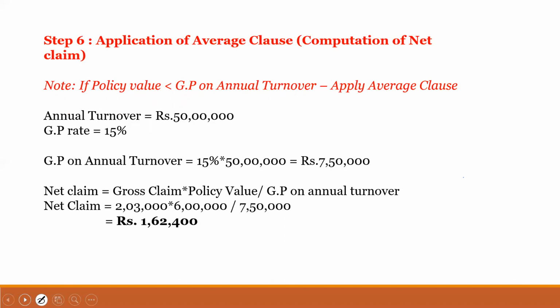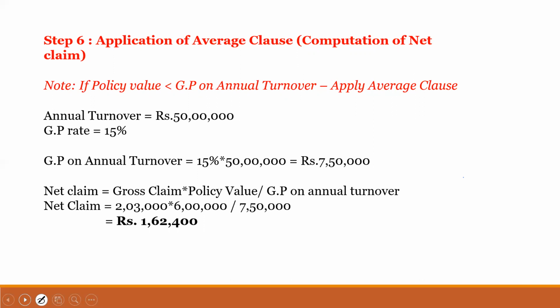So the next step is to identify whether there is an application of average clause. In the particular case of loss of profit policy, if the policy value is less than the gross profit on annual turnover, then we apply the average clause. But in the case of loss of stock policy, that means the first set of concepts that we saw in the beginning of the module, there the policy value should be less than the closing stock as on the date of fire.